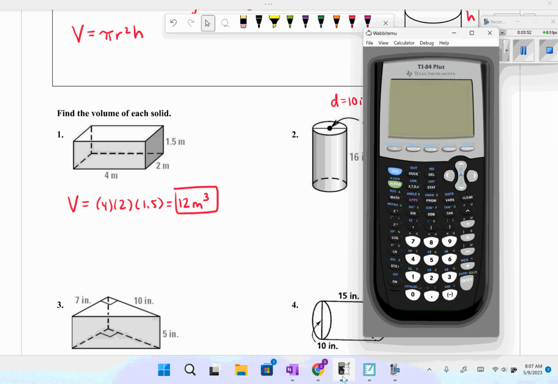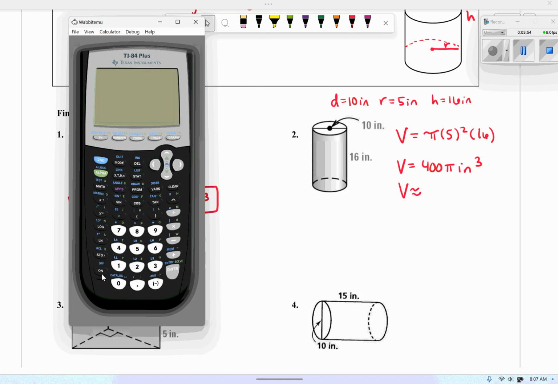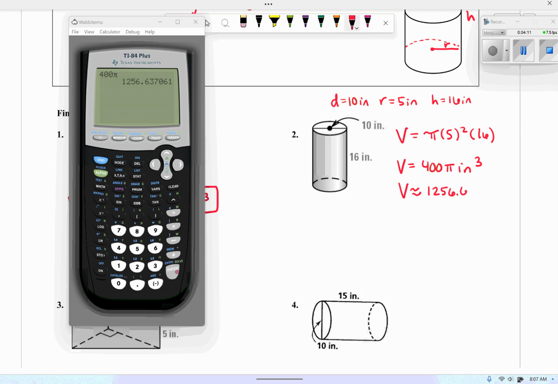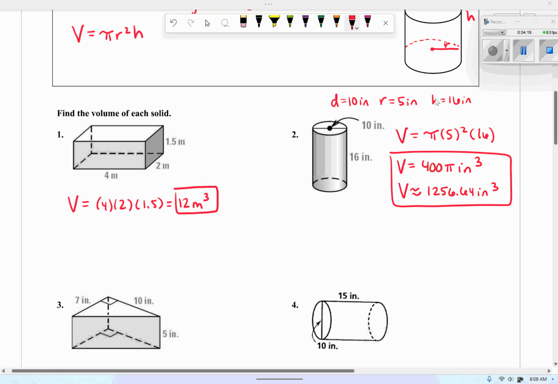So remember, in our calculator, we plug this in, we have 400 and then second, and you can use this above the division key is the caret key. And if you hit that, that gives you pi. So this is about 1,256.64 cubic inches. So we'll go ahead and write both the exact and the decimal approximation.